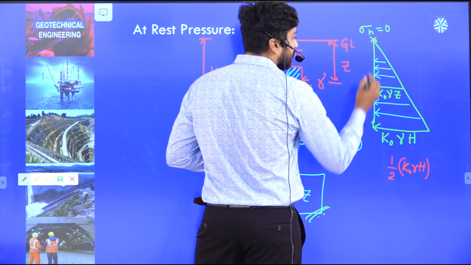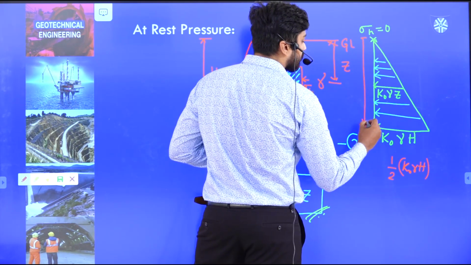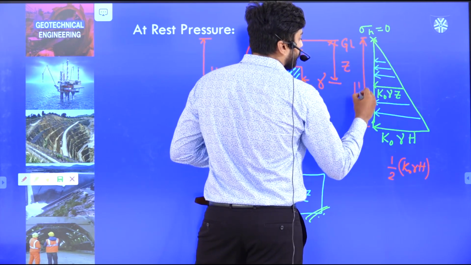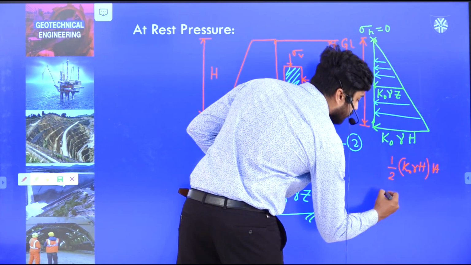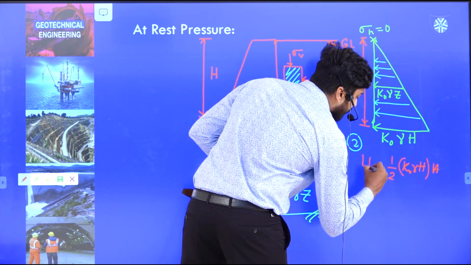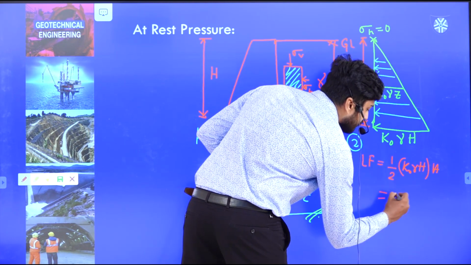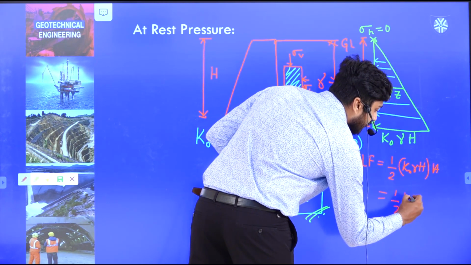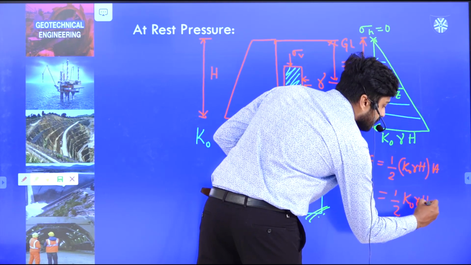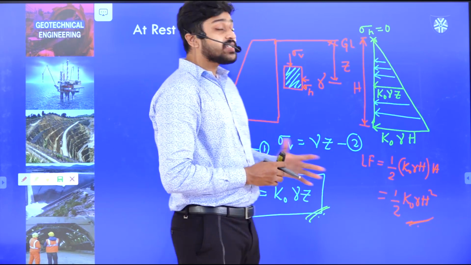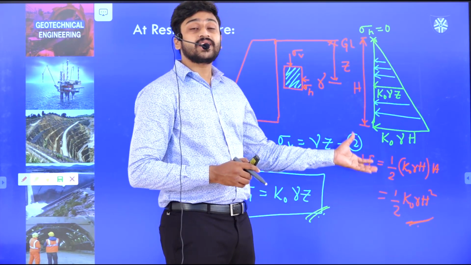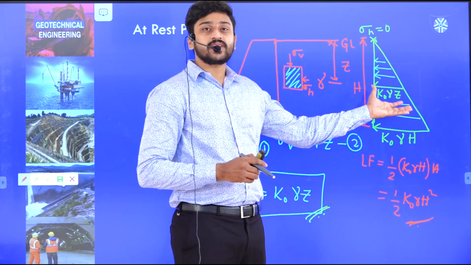This height is h, the embankment height. Let me denote this lateral force as LF. That is nothing but half k naught gamma h square. This lateral force acts through the centroid of the stress diagram.